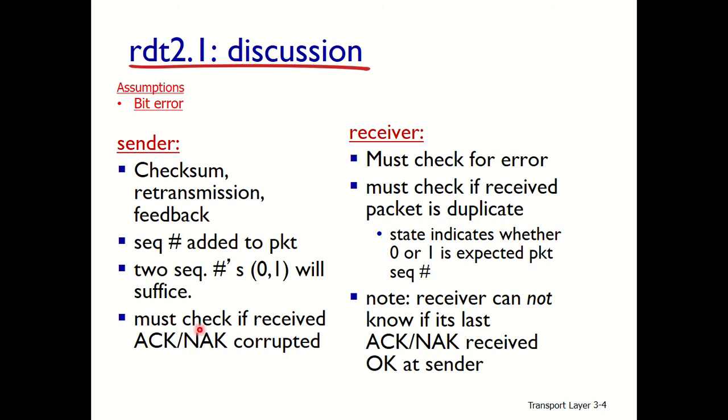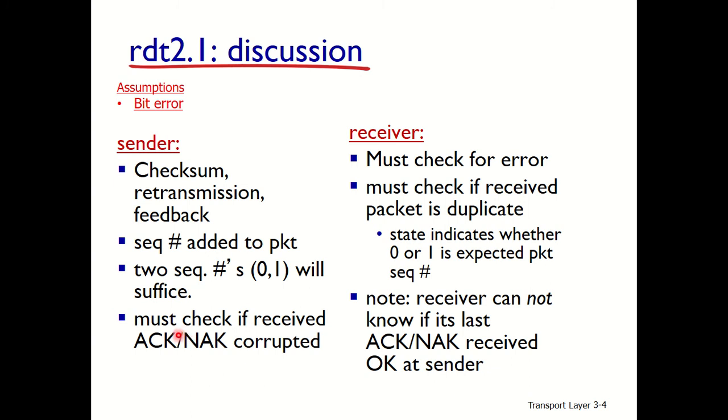We only compute the checksum for them. Why? Because the probability of error in the acknowledgement and negative acknowledgement is less as compared to data. But there is still a probability that an acknowledgement or negative acknowledgement can be corrupt. So an acknowledgement can become a negative acknowledgement and a negative acknowledgement can become an acknowledgement.